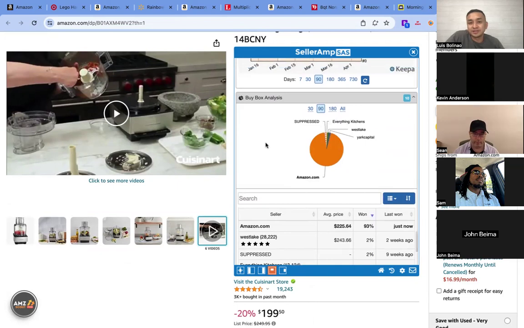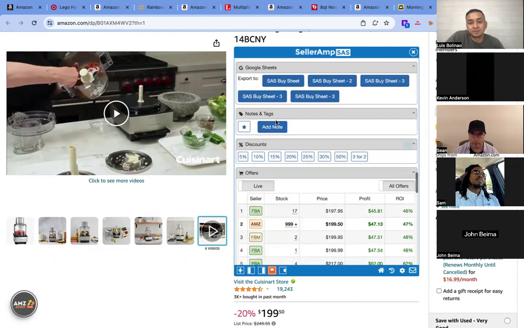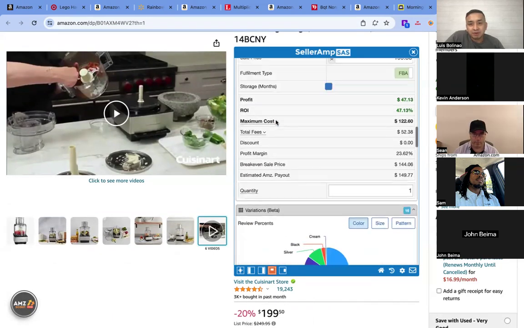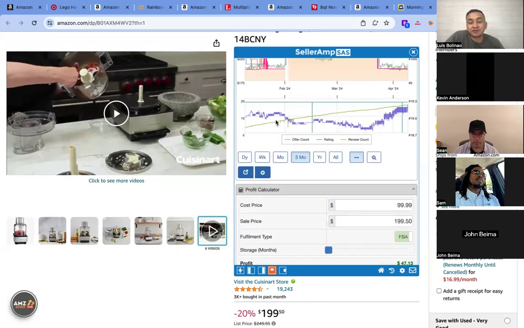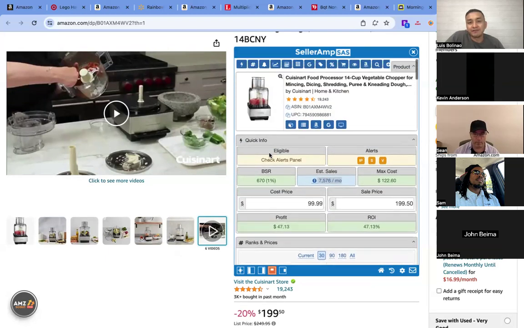So there's some risk to this, but I think you can still make sales because this product is selling at like 4,700 times a month, right? So to me, this is still pretty okay because if you're only buying 5 to 10 pieces, I'm pretty sure it's gonna sell. So that's just gonna be up to you. It's gonna be a personal choice if you want to take that risk or not.